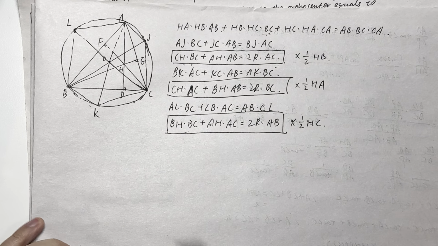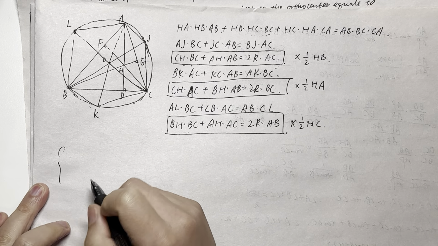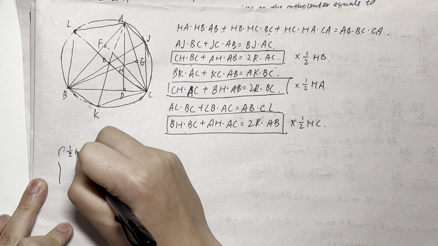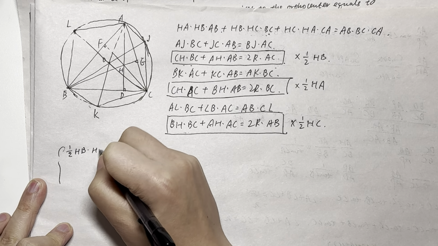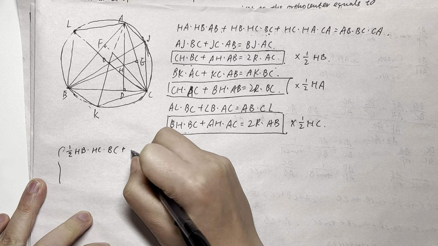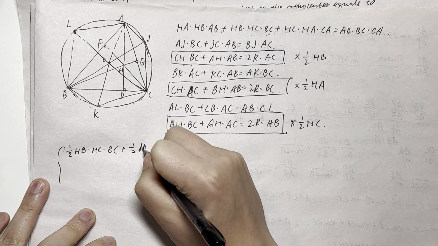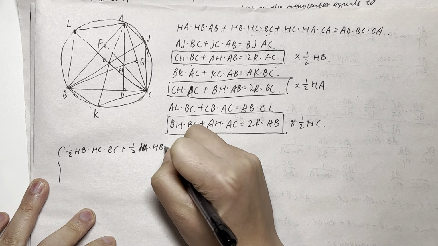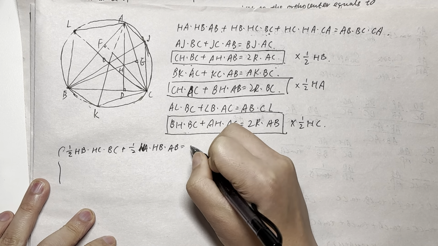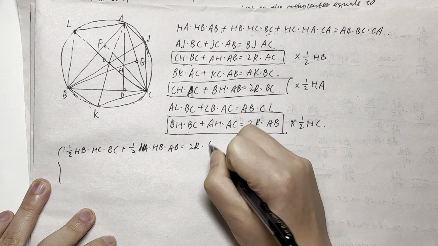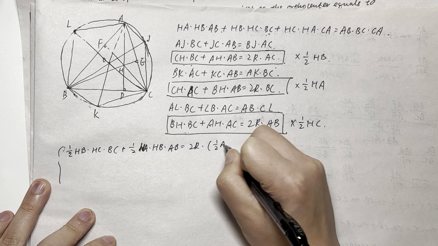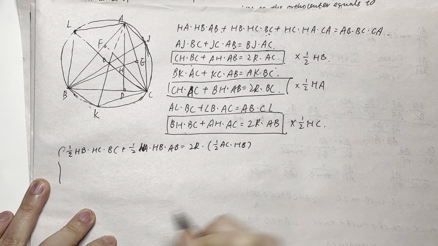The new set would be half of HB times HC times BC plus half of HA times HB times AB equals 2R times half of AC times HB, right?